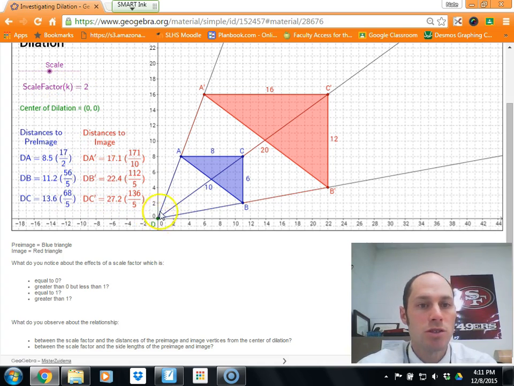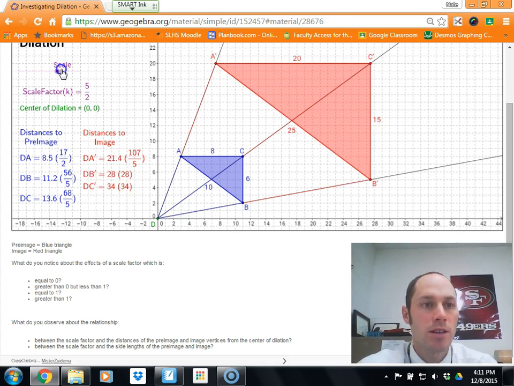What's the scale factor? 2. All the distances are doubled. So if from D to A is 8.5, we double that and get 17.1. DB is 11.2, double that to get 22.4. Same here, 13.6, doubled is 27.2.